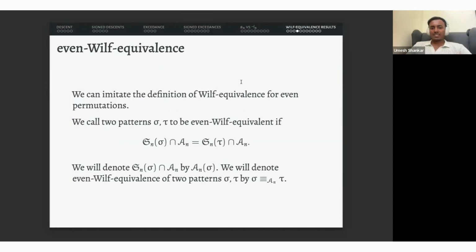So we will imitate this definition. Let us look at only the permutations that are in A_n, and the ones that avoid sigma and avoid tau. We will say that 2 patterns sigma and tau are even Wilf equivalent if these 2 sets, S_n(sigma) intersection A_n and S_n(tau) intersection A_n, have equal cardinality.